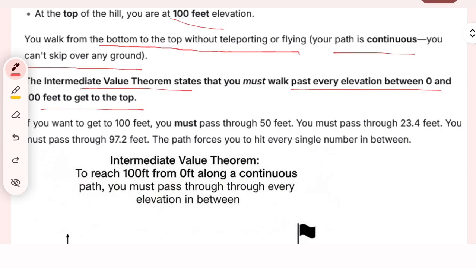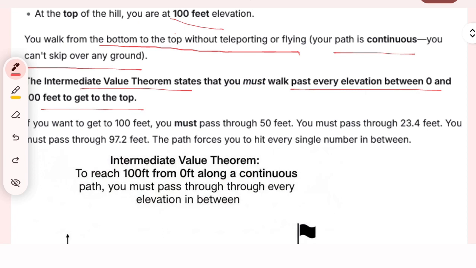The elevation at the bottom is 0, and the elevation at the top is 100. So if you walk from the bottom to the top, we can assume that you have walked past every elevation from 0 to 100 to get to the top. That's correct, right? That's common sense.